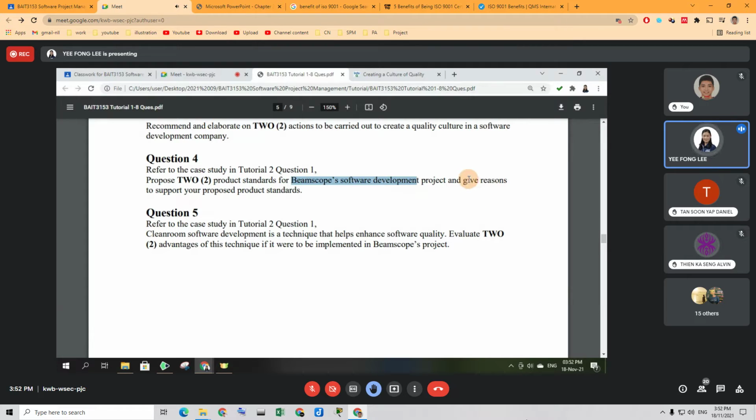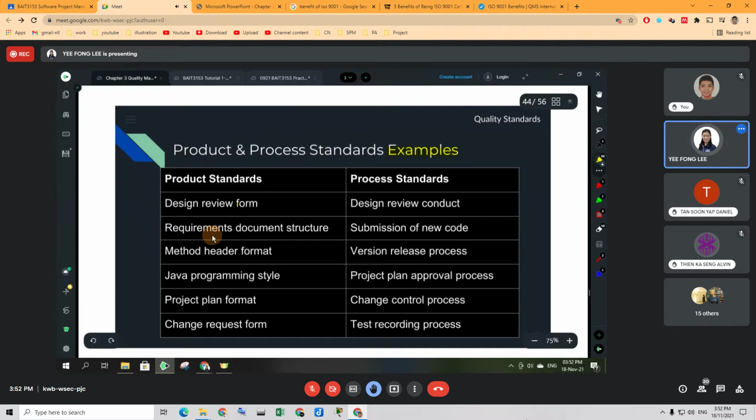Give your reason why you propose the 2 product standards. Before you propose, you need to understand each one. Here only examples are listed, but for descriptions, you go and find out more.